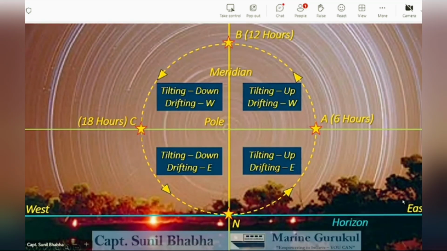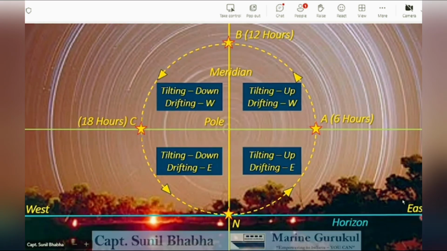Now, two very important things to notice in this motion of the gyrostar or motion of the spin axis are, you see in this particular diagram, the vertical yellow color line which we have represents the meridian of the observer. And if you watch carefully, whenever the gyrostar is east of the meridian, that is from point November to point Alpha to point Bravo, this semicircle is east of the meridian.